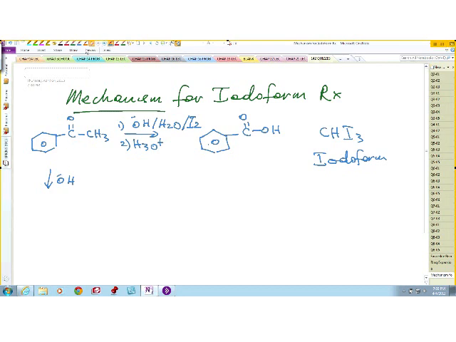Okay, so let me go ahead and do this here. So this hydroxide comes in acting as a base. Pull this proton from here, and you are going to release electrons to this carbon.